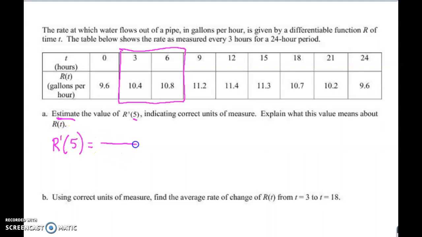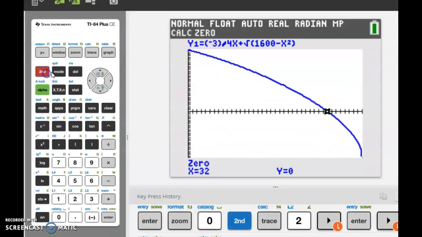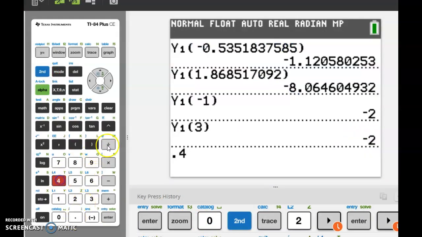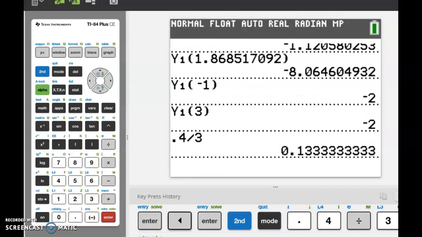is telling me that I better do the average rate of change, which would be 6 minus 3. I just like having my x's in the denominator to be positive. So that means I have to do 10.8 minus 10.4. So that's 0.4. And if you wanted to divide that, you could, or how about just get a calculator out? 0.133.